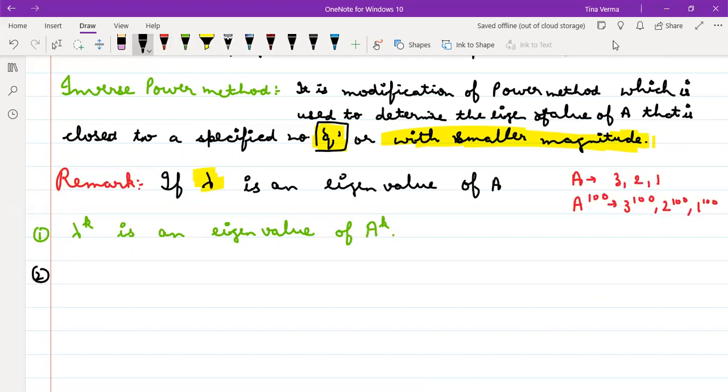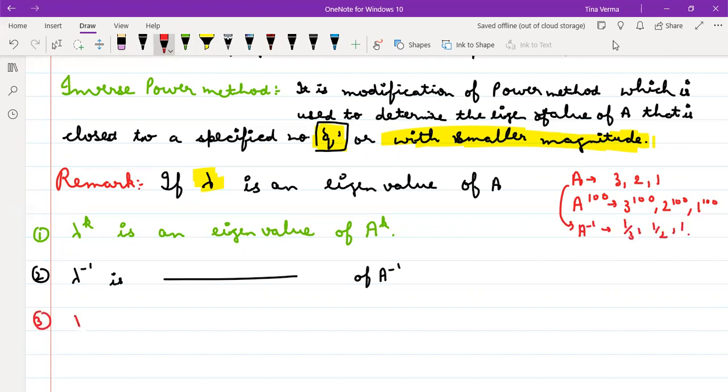The second property is that lambda inverse is an eigenvalue of your A inverse. For example, if A is a matrix whose eigenvalues are 3, 2, 1, that means the eigenvalues of A inverse will be 1/3, 1/2 and 1.